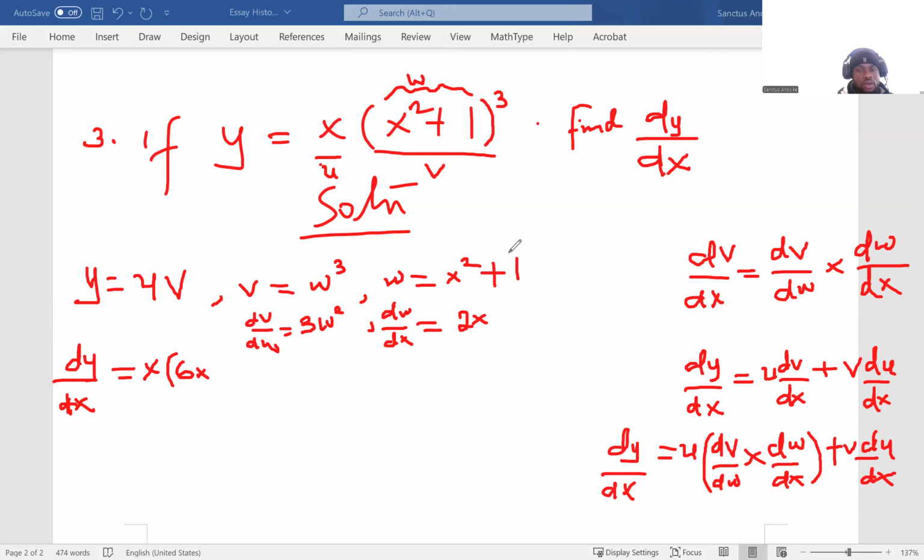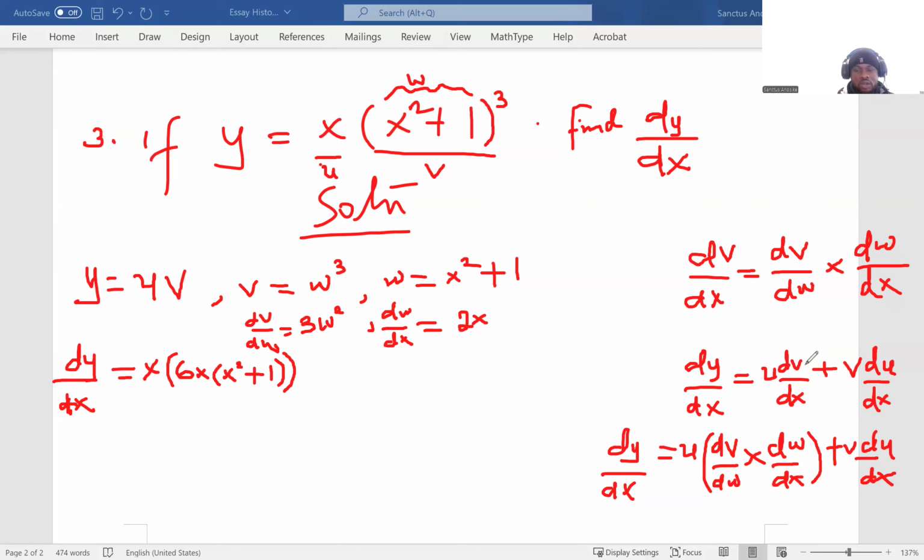What is our w? Our w is x square plus 1. So we're going to replace this w with bracket x square plus 1. Okay? Please follow it carefully. Any part you don't understand, try and play the video again so you can understand it clearly.